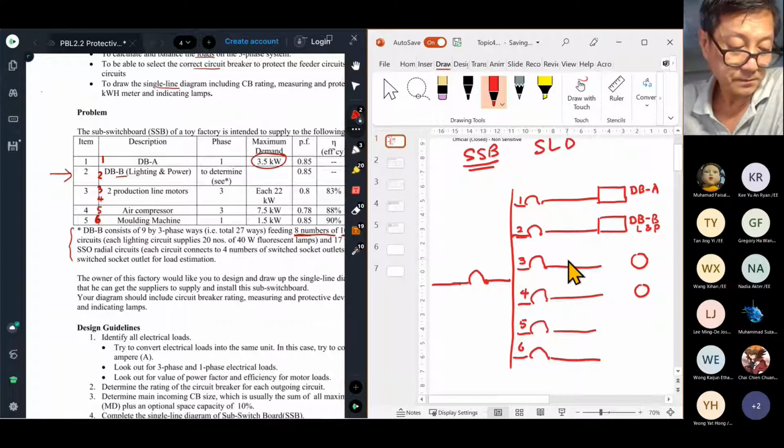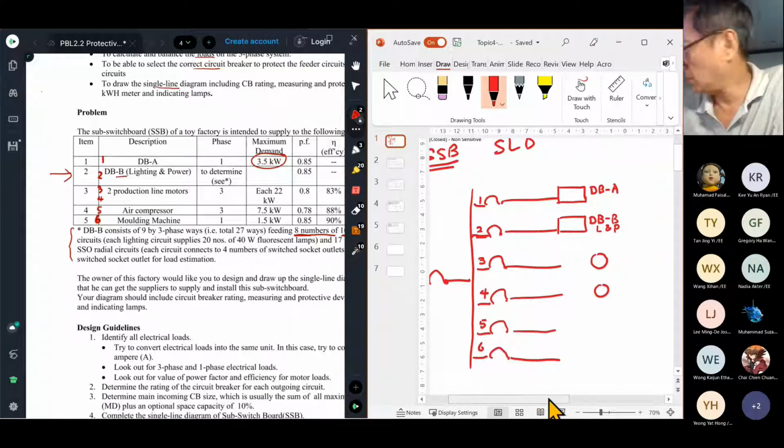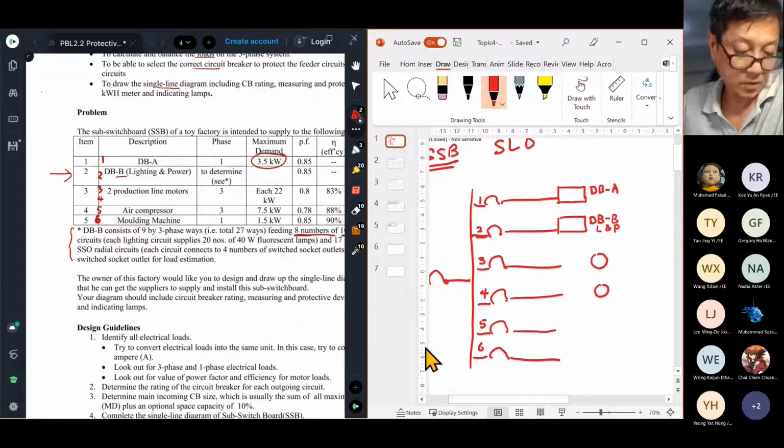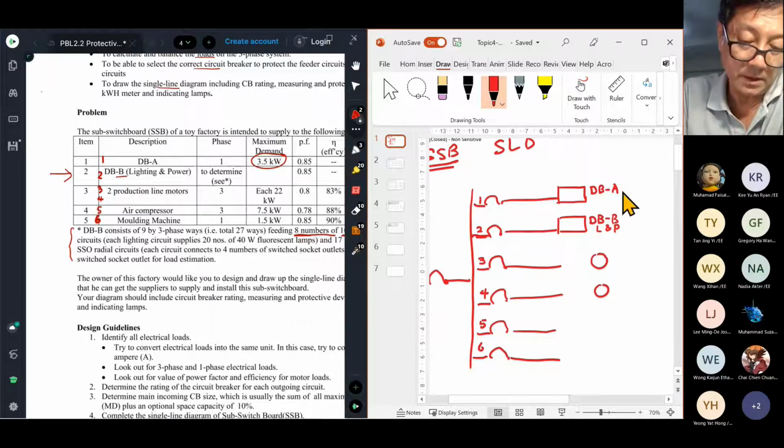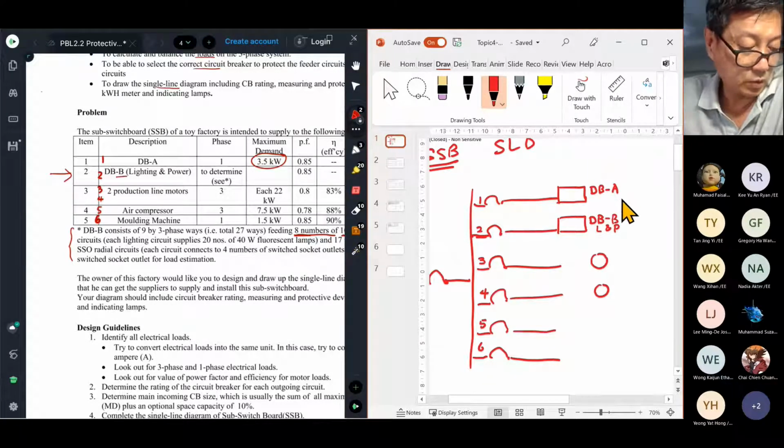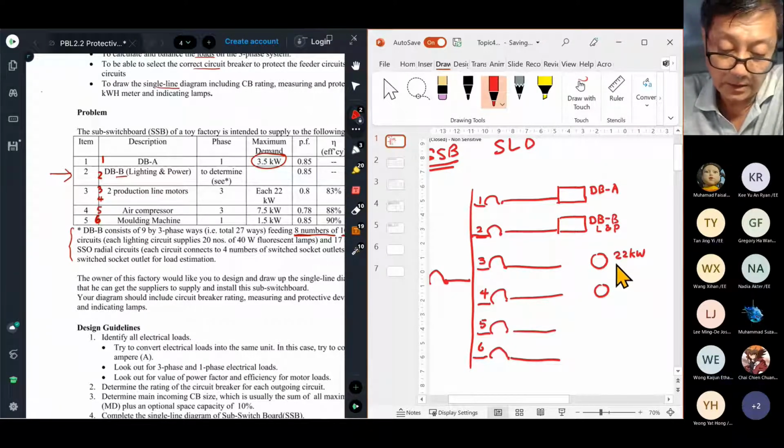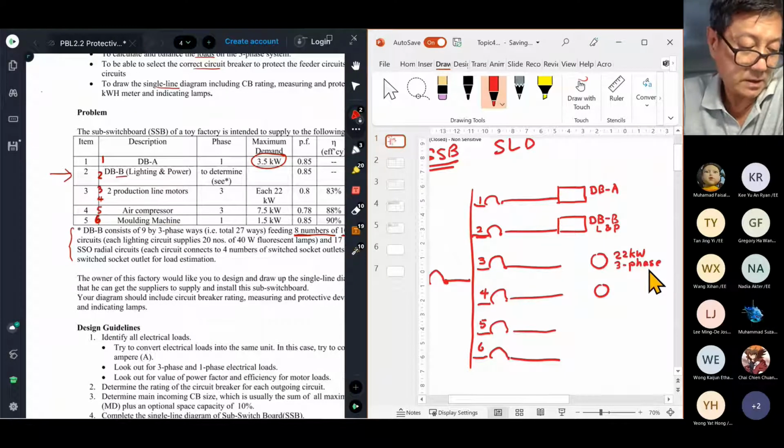All right. So if I were to look at this, I try to write out all the information provided to me. For example, this motor is 22 kilowatt, and it is 3-phase.